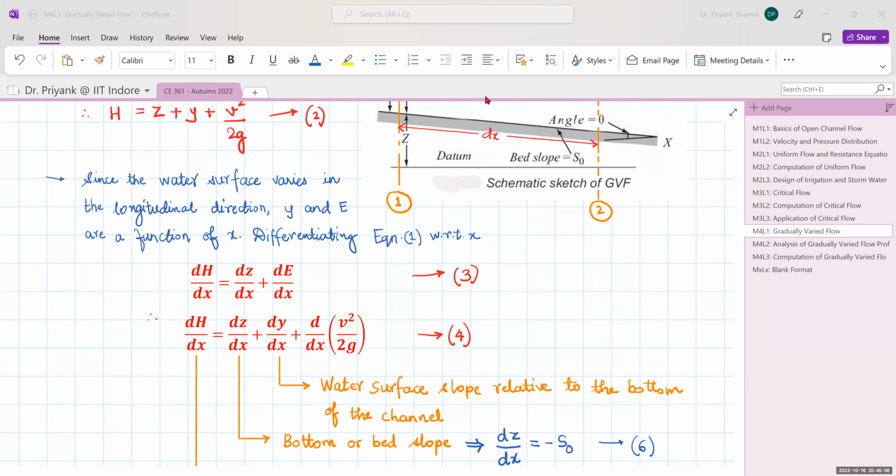Now, since your water surface varies in the longitudinal direction, your y and E, that is the depth and specific energy, are functions of x. So let us differentiate equation 2 with respect to x.